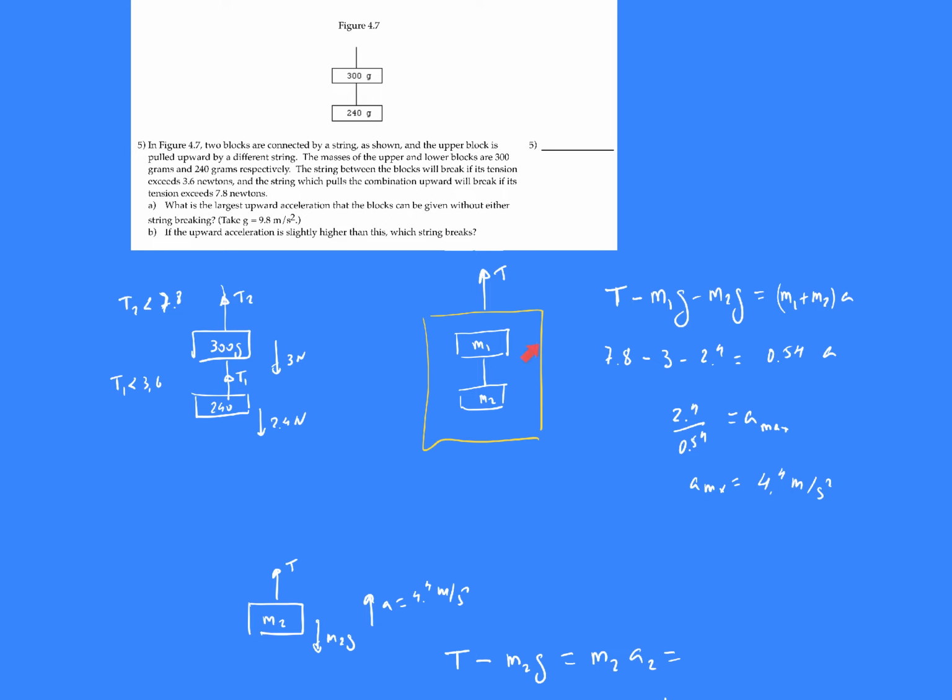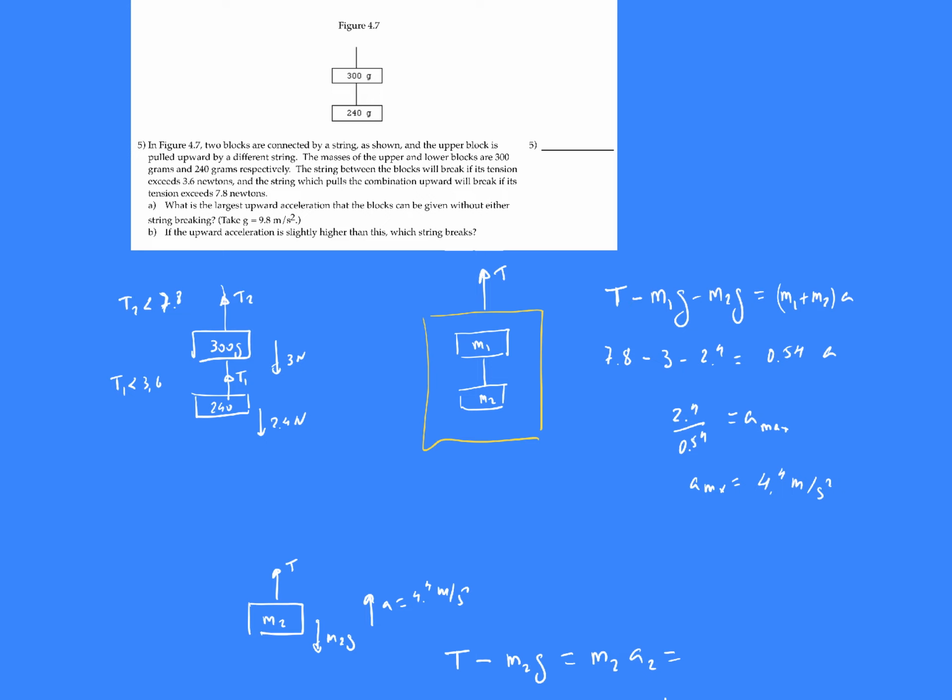The body is composed of the two masses and the rope that has no mass. There are forces going downwards, M1G and M2G. 300 grams is 0.3 kilograms. 0.3 times 10 is 3 newtons going downwards, and 2.4 newtons going downwards.